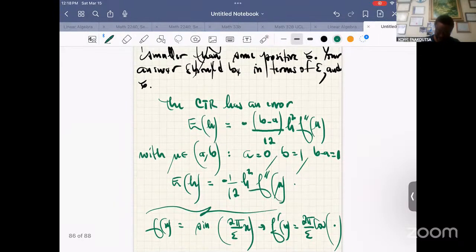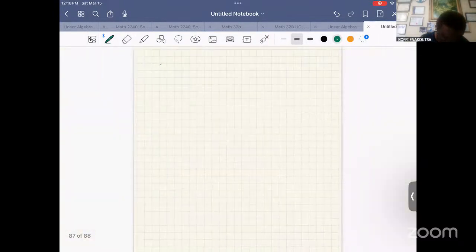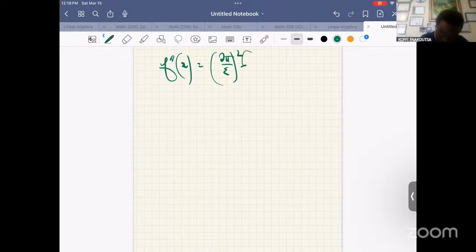And the second derivative, f second of x, will be minus 2 pi divided by epsilon raised to the square times the sine of 2 pi divided by epsilon x.